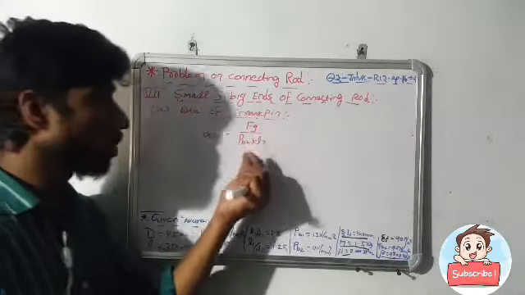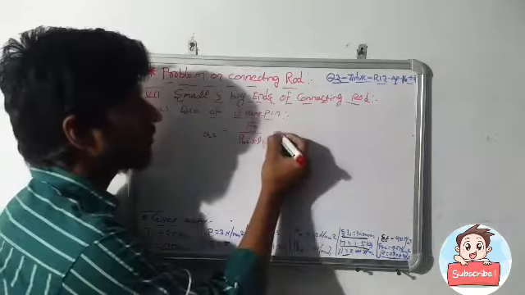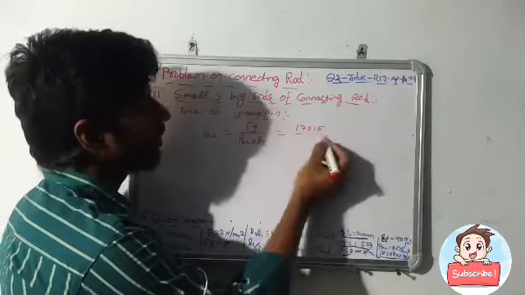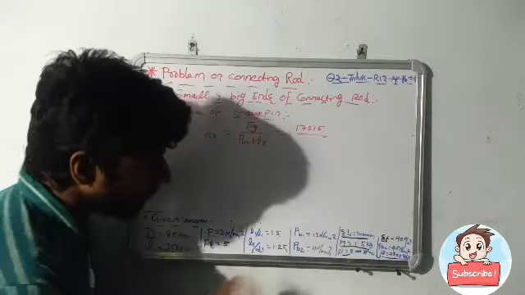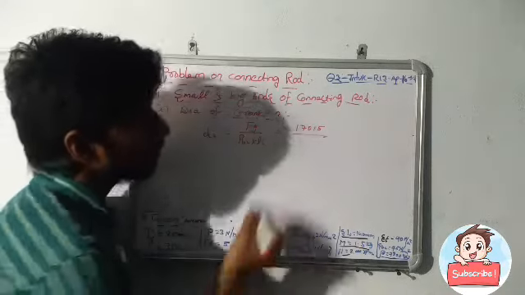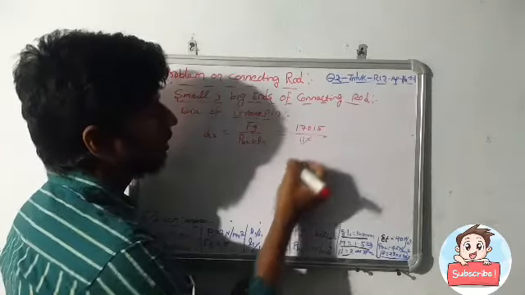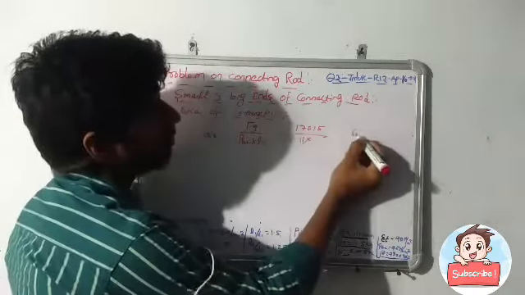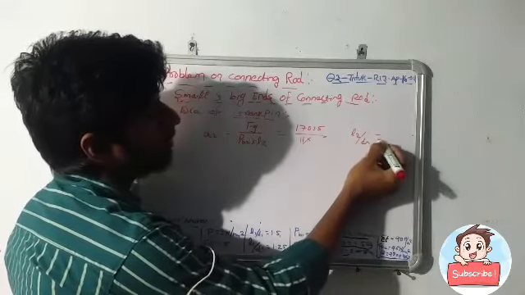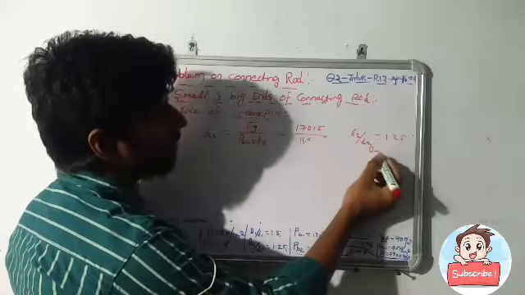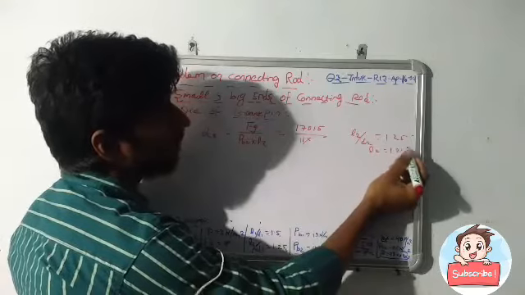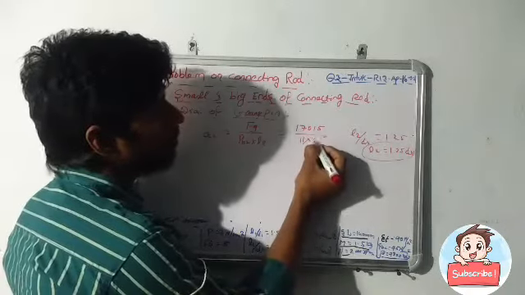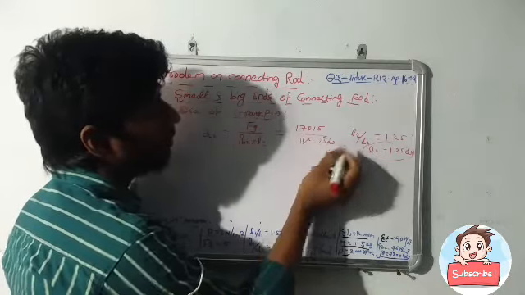So here also we have all the values. Substitute those values. Fg is 17015 divided by Pb2, that Pb2 is 11 Newton per mm square, into L2. L2 by D2 is 1.25. From this, what is the L2? L2 equal to 1.25 D2. Substitute the L2 value here.